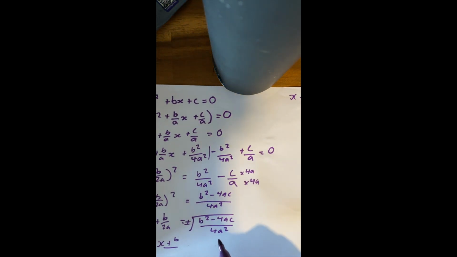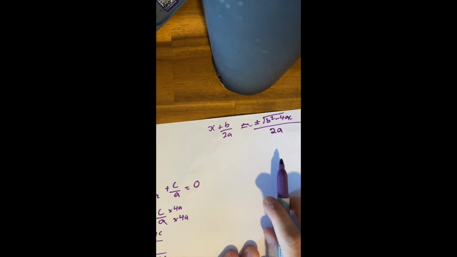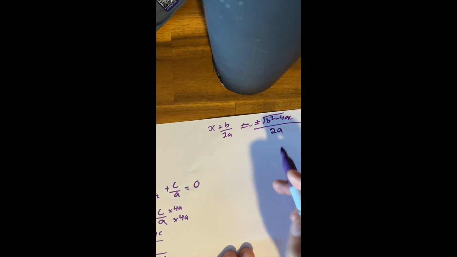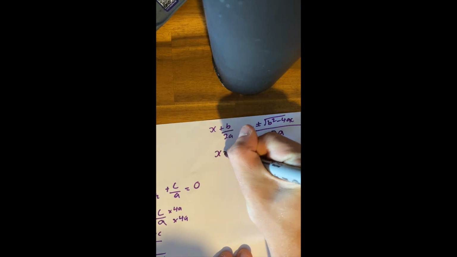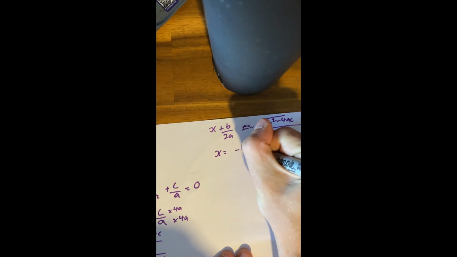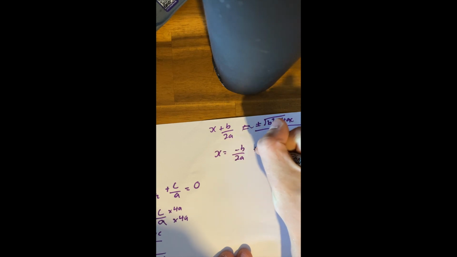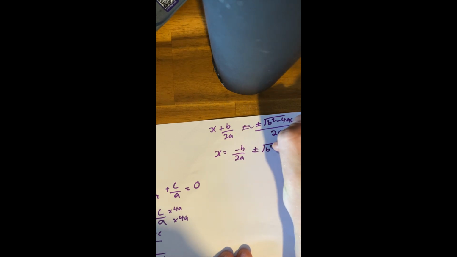I've simply rewritten 4a squared here as 2a. Now simply to get x on its own, we subtract b on 2a from both sides. So we get x equals minus b on 2a plus or minus the square root of b squared minus 4ac all on 2a.